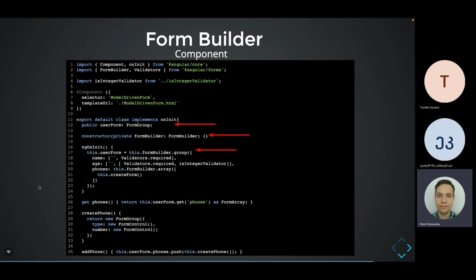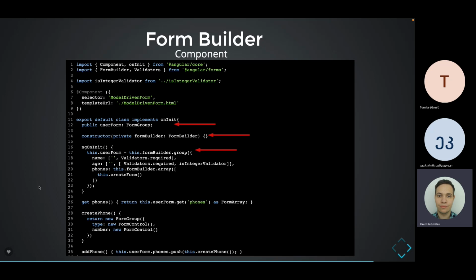We inject the service called FormBuilder, and to create the form, we simply invoke the group method and pass the object, where the key is the name of the control and the value could be any.